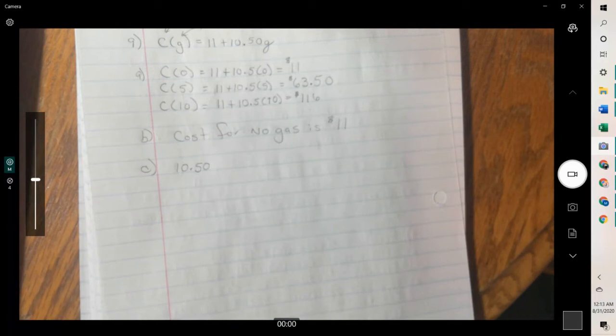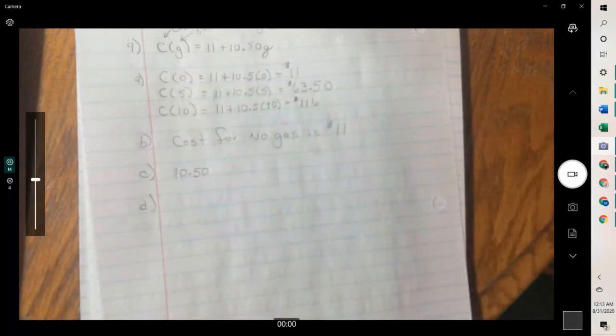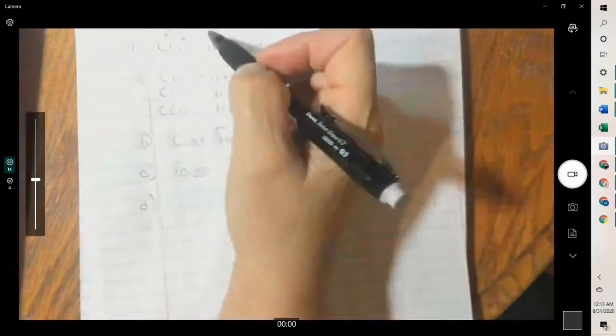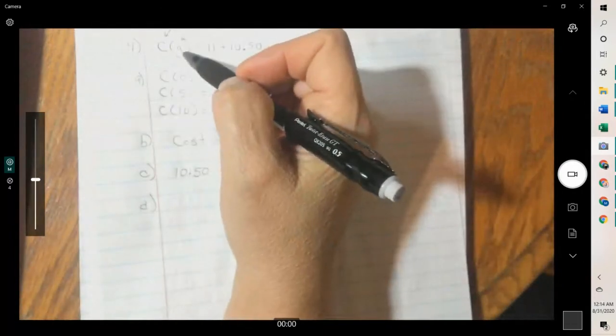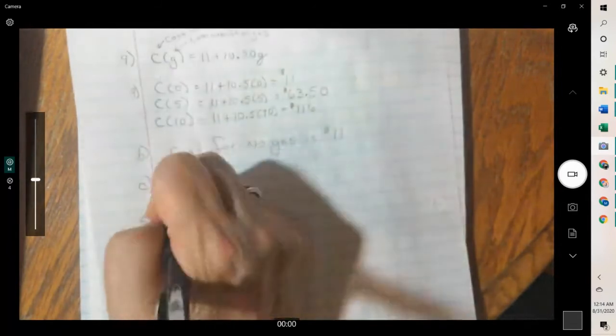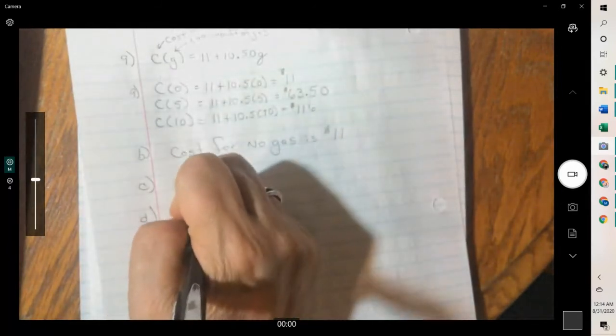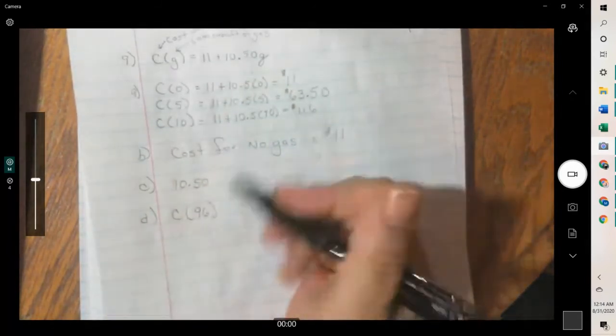How much would it cost if the customer uses 96,000 cubic feet of gas? Okay, so 96,000 cubic feet. That's our G value. So we want the cost for 96,000 cubic feet. Now we don't put 1,000 in because that's our units.